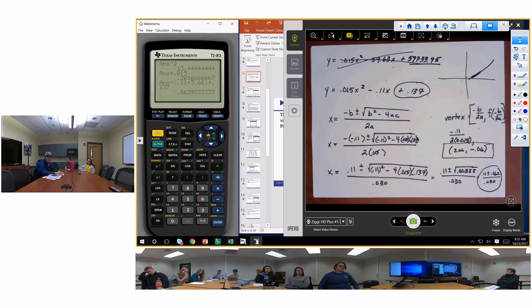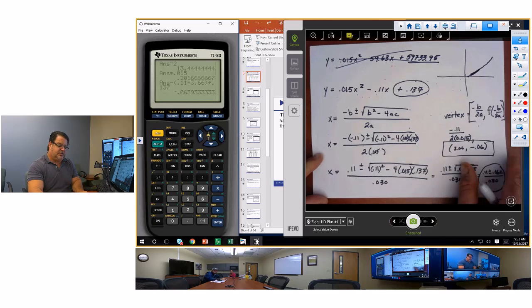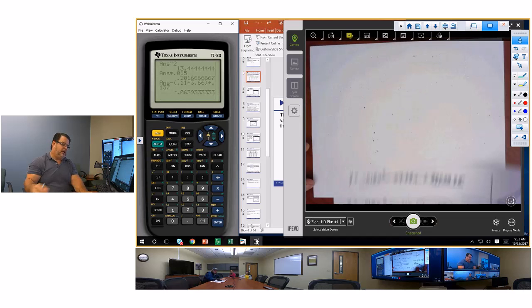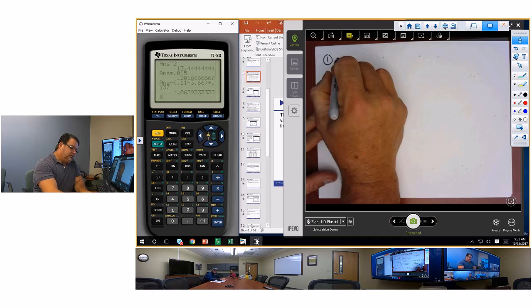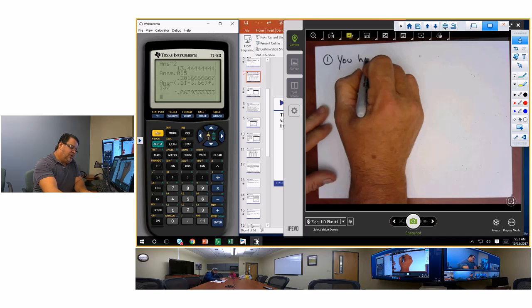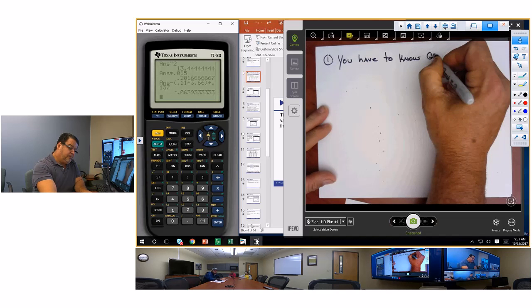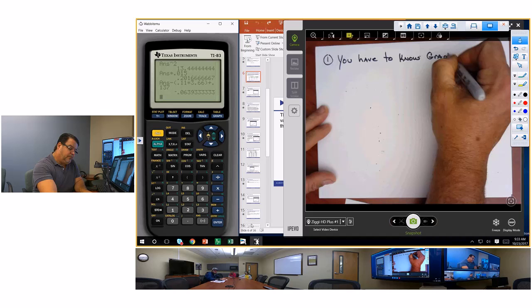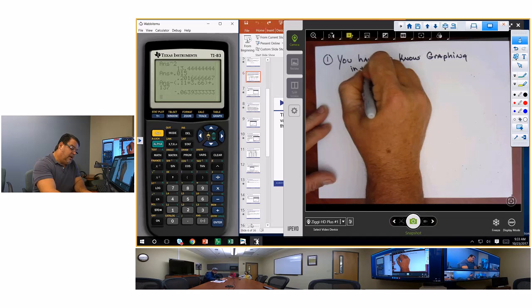Okay? Now, the point of me showing you all this, in the context of this book, is: one, you have to know graphing in and out.